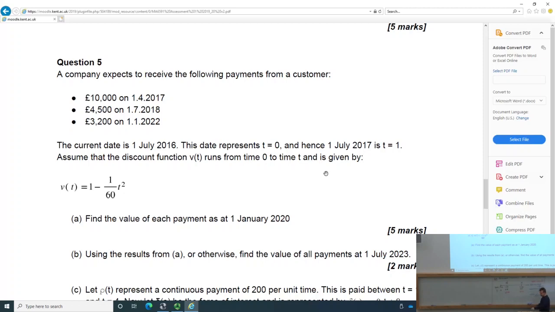Alright? So for this first one, this means that 1 over V 0.75 to 3.5, which is what we want here, is equal to 1 over V 0 to 3.5 divided by 1 over V 0 to 0.75.